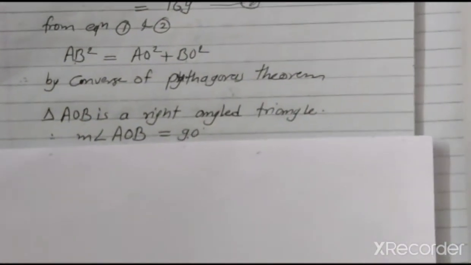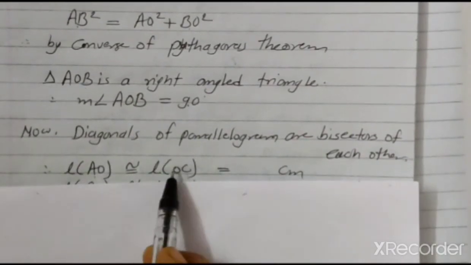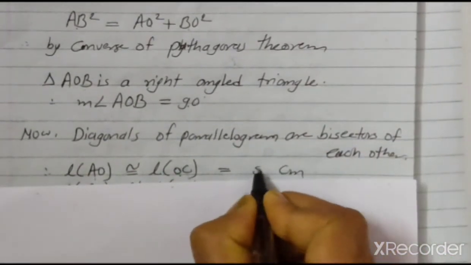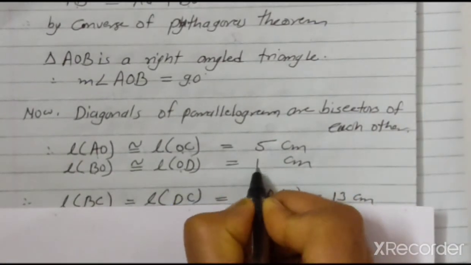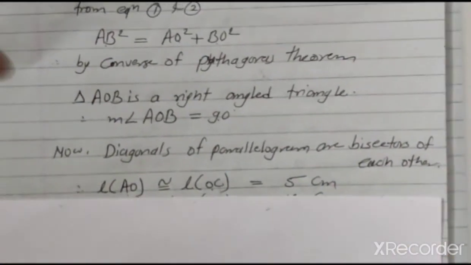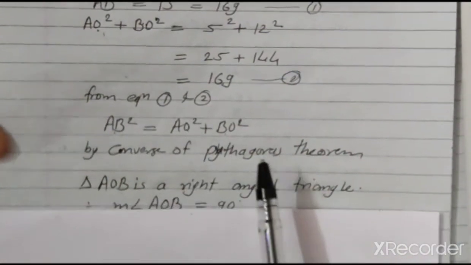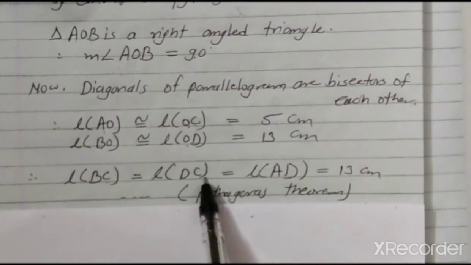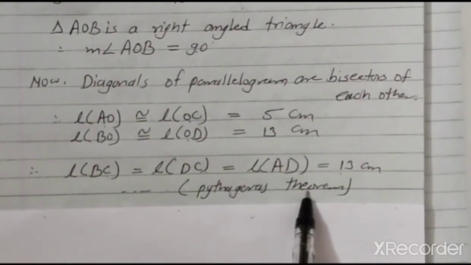So similarly by using diagonal property, this AO is equal to OC which is equal to 5 centimeter. Again OB is equal to OD which is equal to 13 centimeter. So if you solve it by using this same method, we will get measure of this remaining segment is equal to 13 centimeter by using Pythagoras theorem.